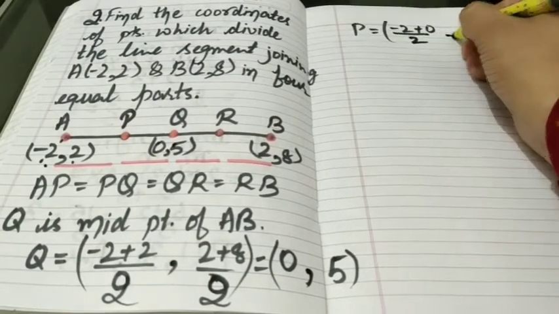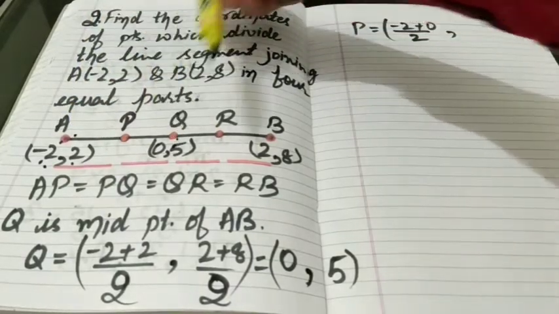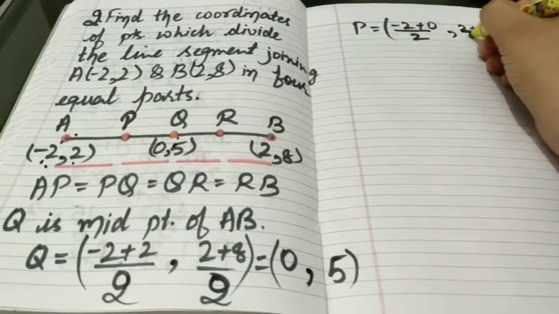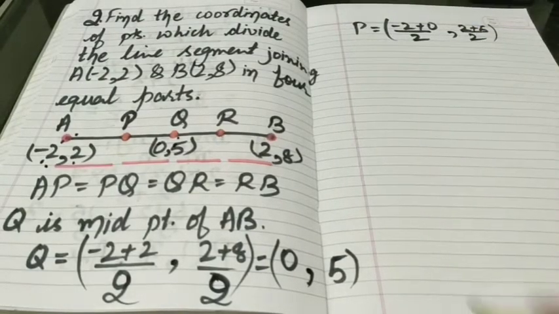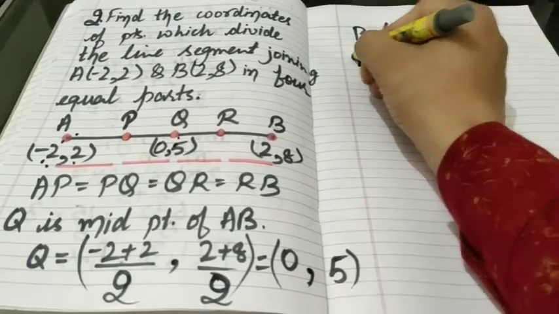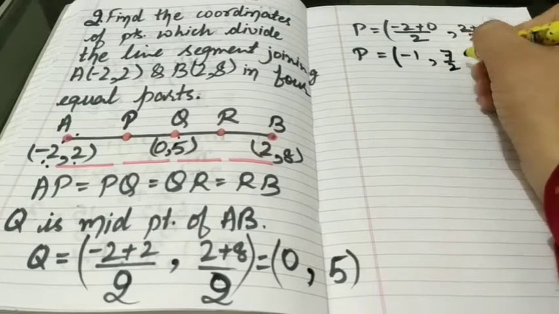In the same way, the y coordinate will be 2 plus 5 divided by 2. That is how the coordinates of point P will become (-1, 7/2).